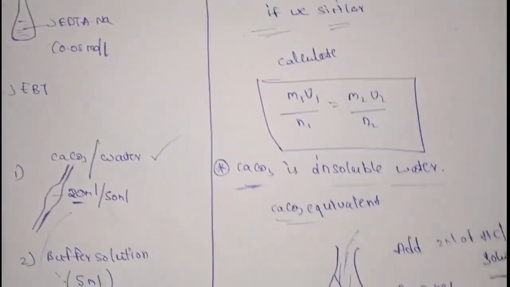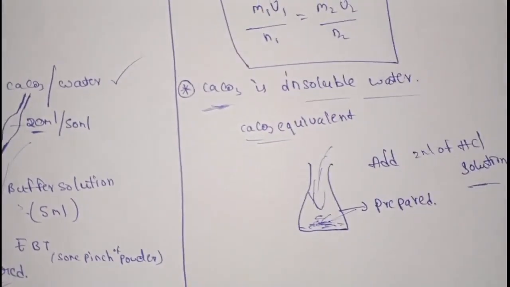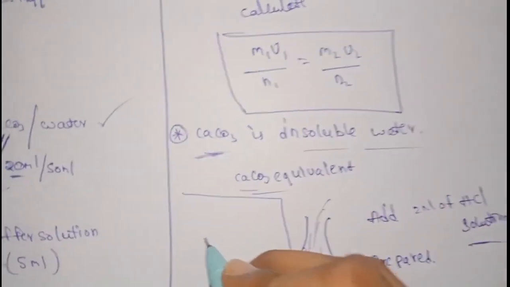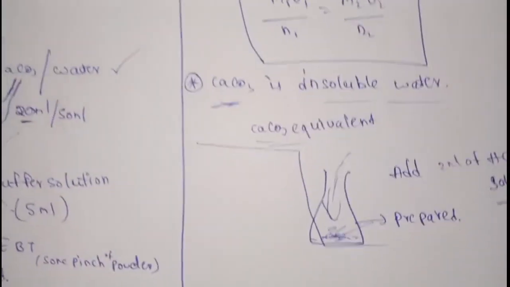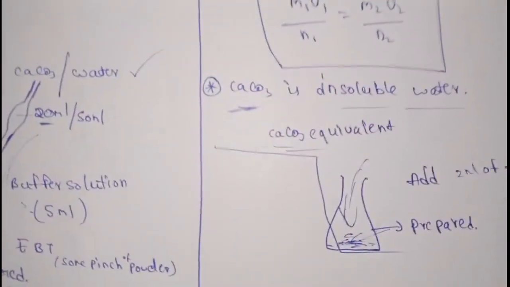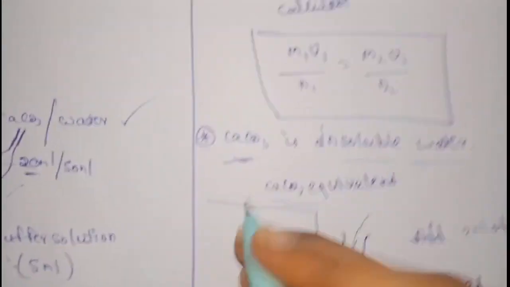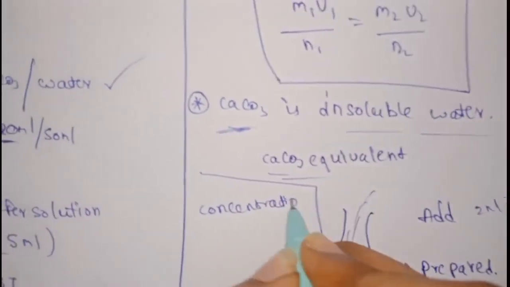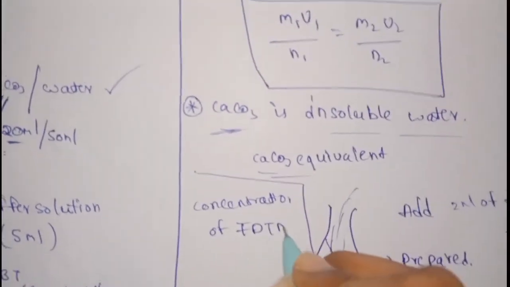We discussed before that we have taken secondary standard EDTA, right? So before the determination of the weight of the solid, we have to calculate the concentration of EDTA first.